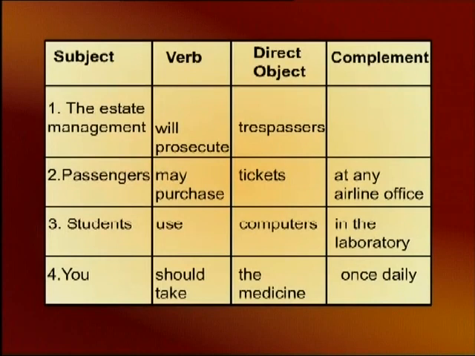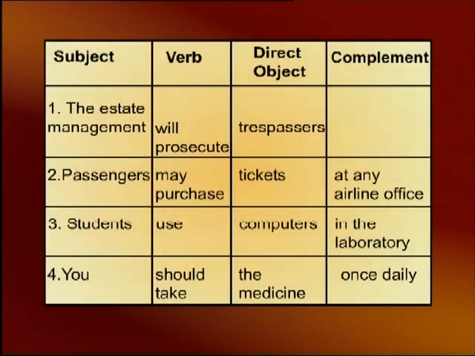The first one is subject, second is verb, third is direct object, and the fourth is complement. In an active voice sentence, the verb has a direct object. The first sentence, the estate management will prosecute trespassers. The verb is will prosecute, and the verb has a direct object. The object is trespassers, right?